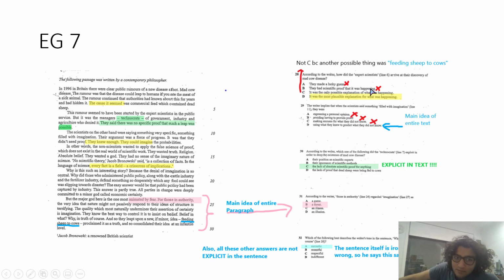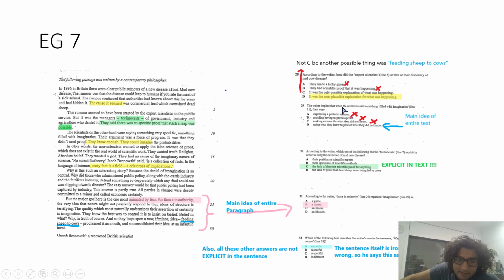So that was C. That was their explanation. So as you can see, their discovery of mad cow disease, the commercial feed that contained dead sheep, that's the other possible explanation. Okay, so D, it was the most plausible explanation for what was happening.